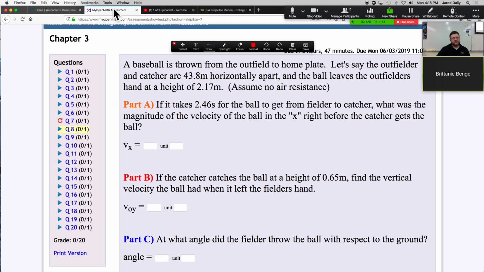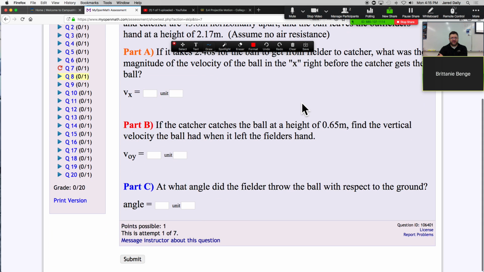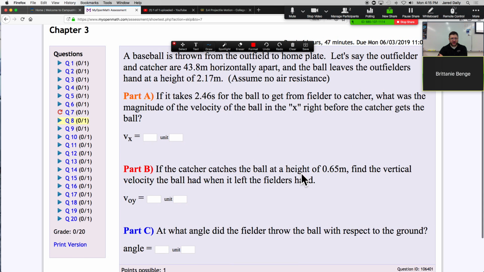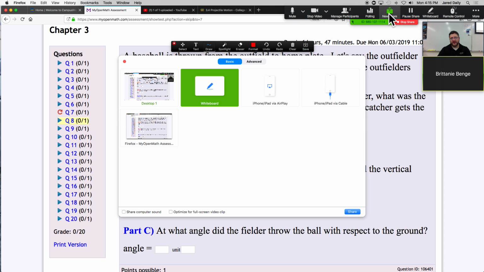In this problem, they tell us they're 43.8 meters horizontally apart, and the ball leaves the outfielder's hand at a height of 2.17 meters, but the catcher catches it at 0.65 meters. So we know those two things, and they're saying that the height of the ground is 0, so we can go ahead and make the height of the ground 0, just like they're doing.